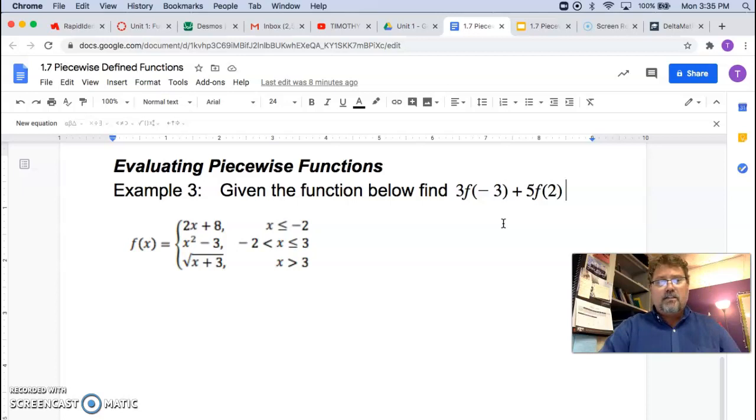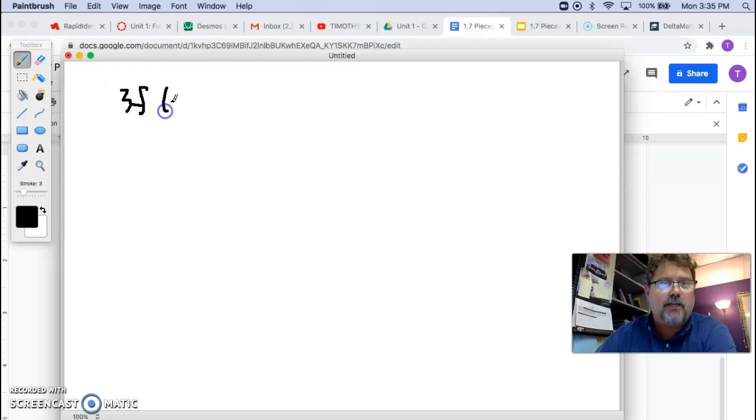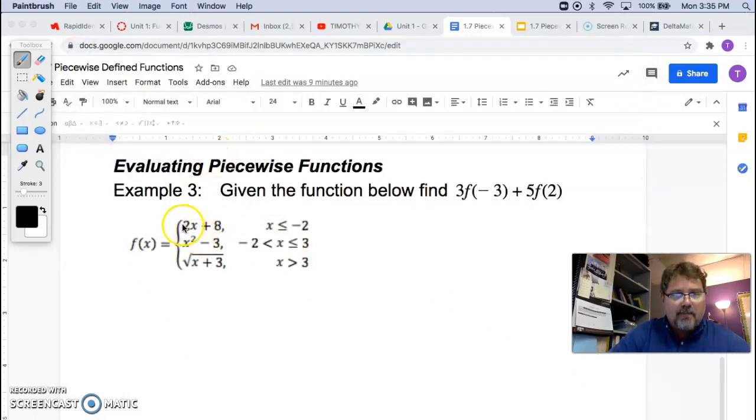So that's me talking through the strategy. All right? Since we know where they have to go, I'm going to take the little pad out here and I'll show you how to do this. So we want 3 f of negative 3 plus 5 f of 2. And like I said, we know that negative 3 goes into that piece right there.